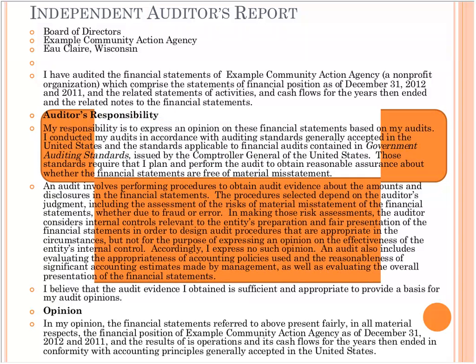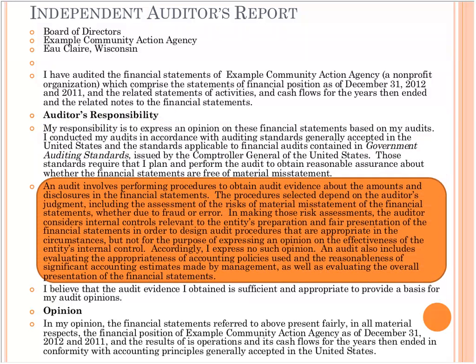The next paragraph talks about risk assessment. And the crux of this whole paragraph is to basically say that the auditor is not only allowed, but is required to use their judgment to determine which procedures to perform on the engagement. It's up to them to determine a reasonableness and to evaluate those results.